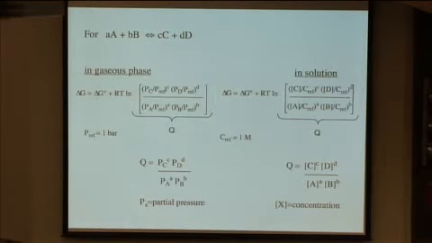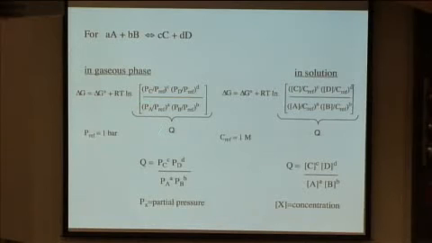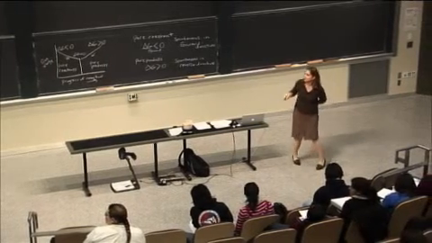On the bottom are the terms for the reactants, partial pressure of gas A over a reference raised to the coefficient A, partial pressure of gas B over the reference raised to the coefficient B. Now what's great is that the reference partial pressure is 1 bar, and so that basically cancels out as far as we're concerned. And so the term for Q is much simplified. You won't see problems that have the reference in them. So you can just think about Q in terms of products over reactants. And you just have to remember that the coefficients in the reactions do matter.